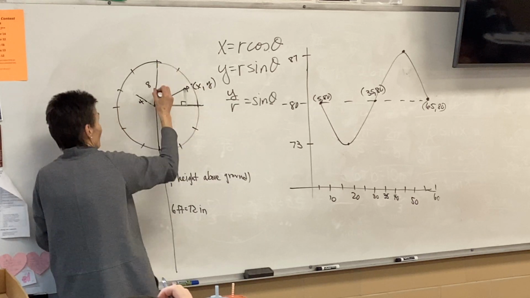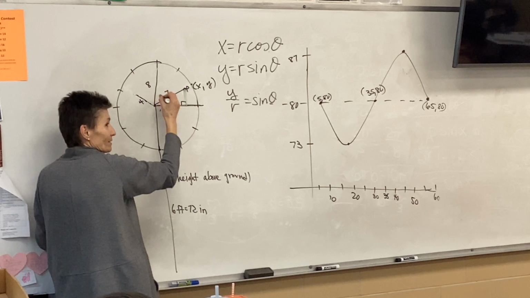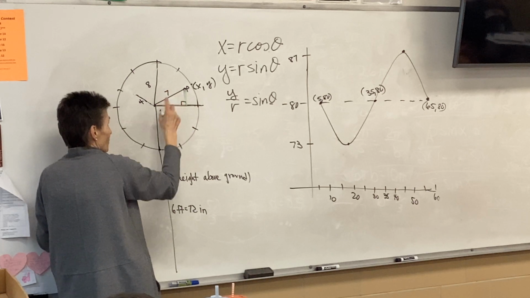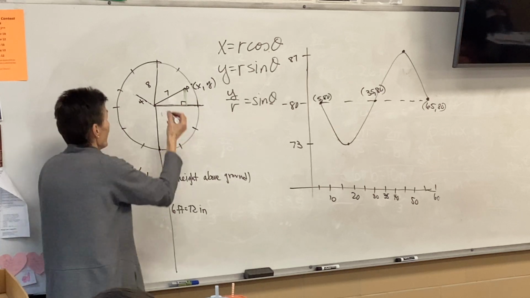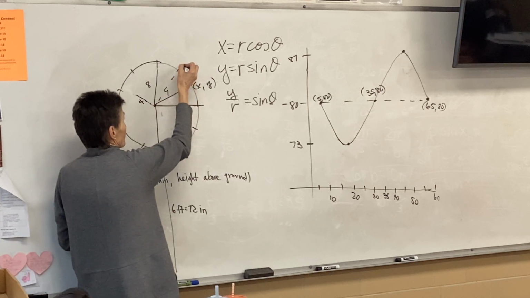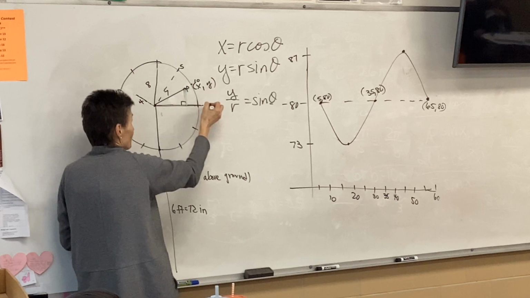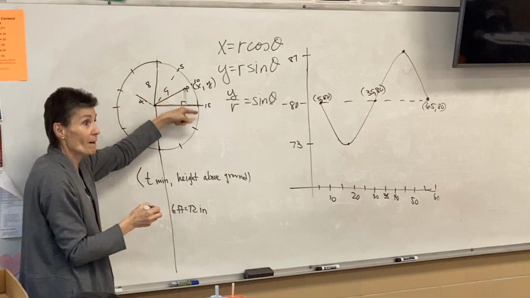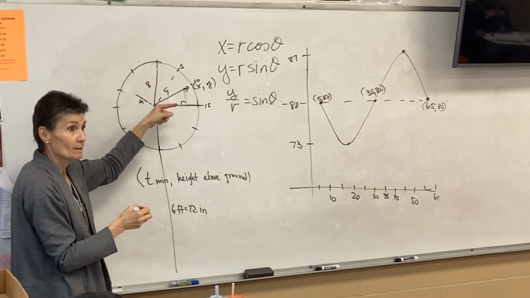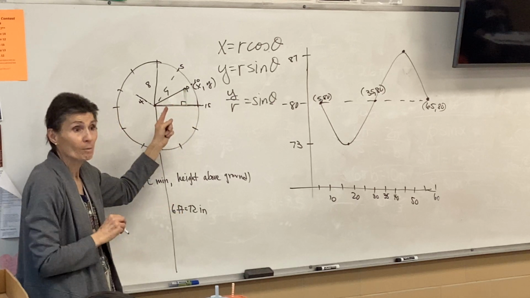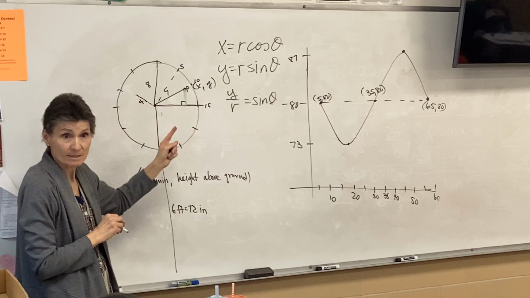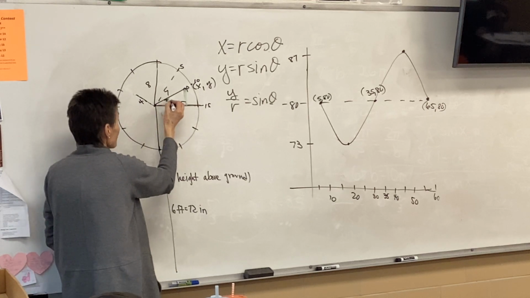What's this whole angle right here? Well, it's pi over 2, 90 degrees. And this would be 5 minutes and 10 minutes and 15 minutes. The whole shebang is 90. So what's this little piece of it? 30 or pi over 6. So this angle is pi over 6.